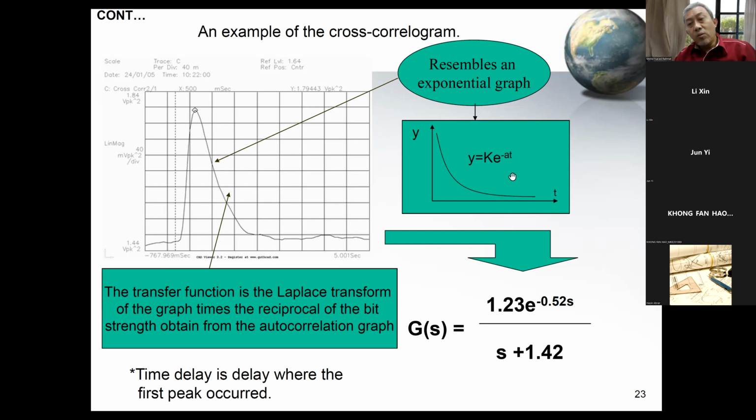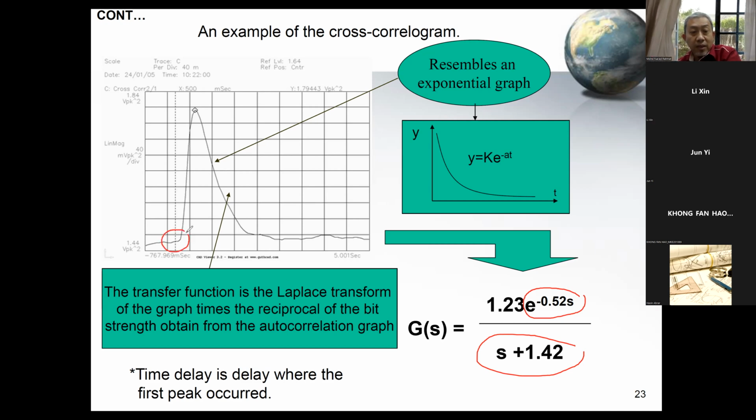So it resembles an exponential graph, y equals k e to the power of minus at, and the open loop transfer function is 1.23 e to the power of minus 0.52 s over s plus 1.42. So it seems that the open loop system has one pole at minus 1.42, and at the same time a time delay equal to 0.52 seconds, about here.